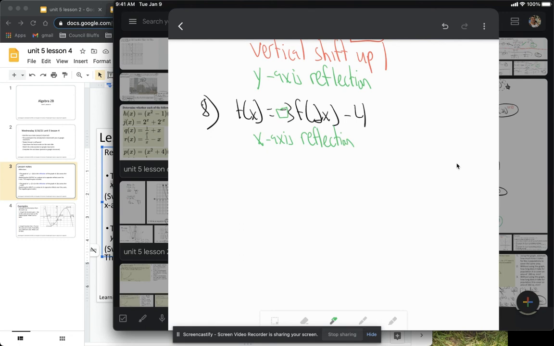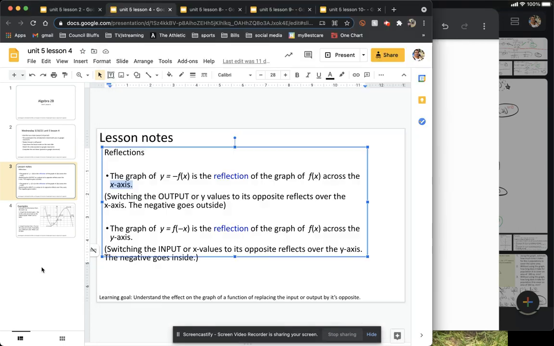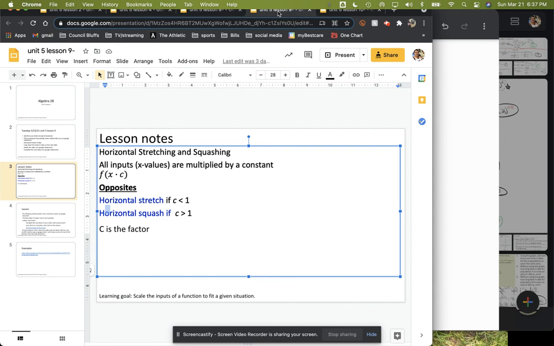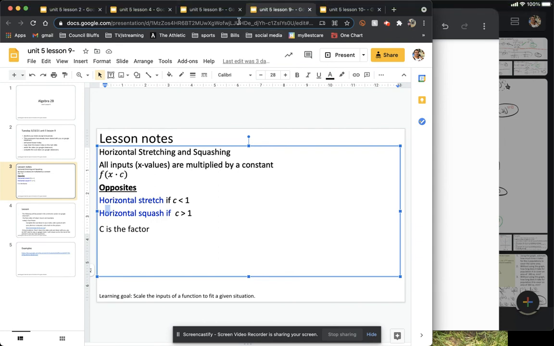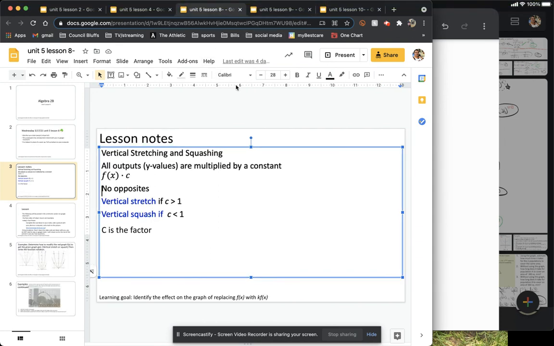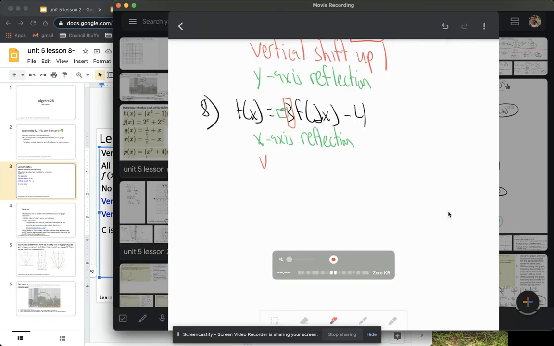Okay. The next one we have is the multiplying by 3 outside the parentheses. Multiplying outside the parentheses tells me that this is going to be a vertical stretch. In this case, I'm multiplying by 3, which is greater than 1. So this will be a vertical stretch.